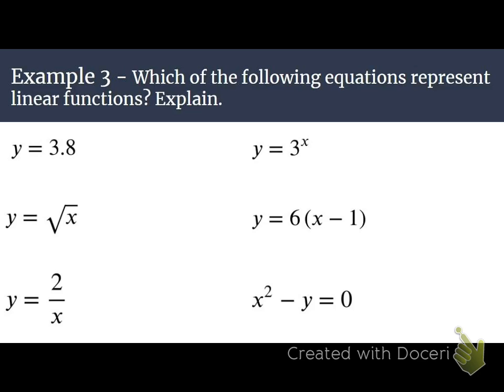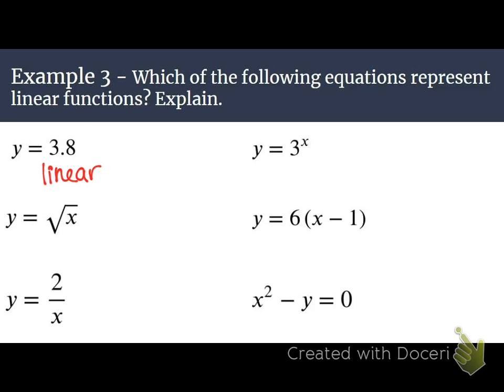Yeah, that's a straight line, right? We said it could be a non-vertical line. That line is not vertical, it is horizontal. So I would agree that that would be considered linear. Okay, so if we are at this one, I would say that this one is linear.